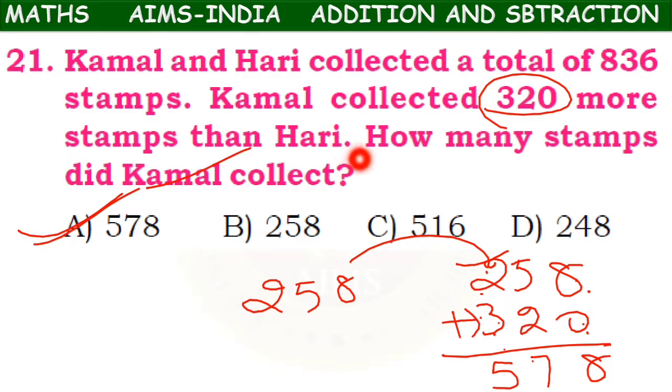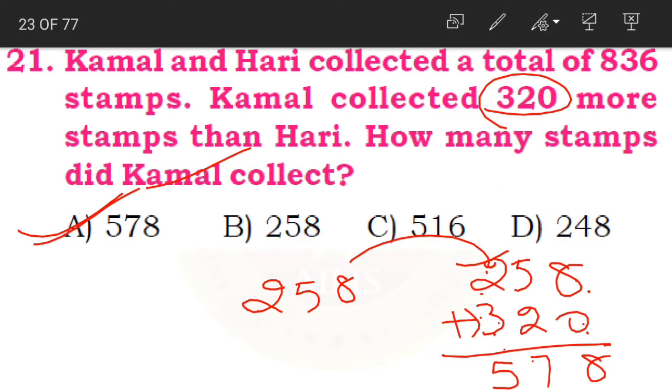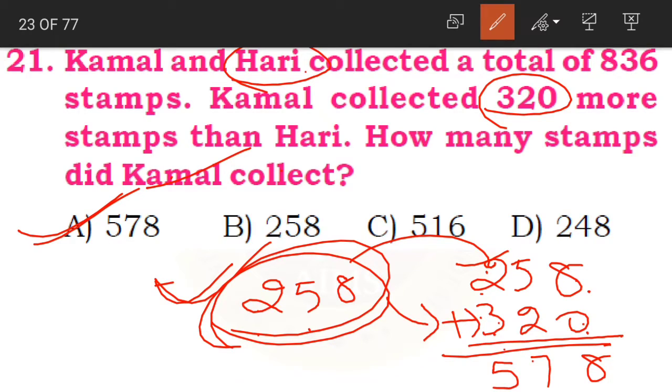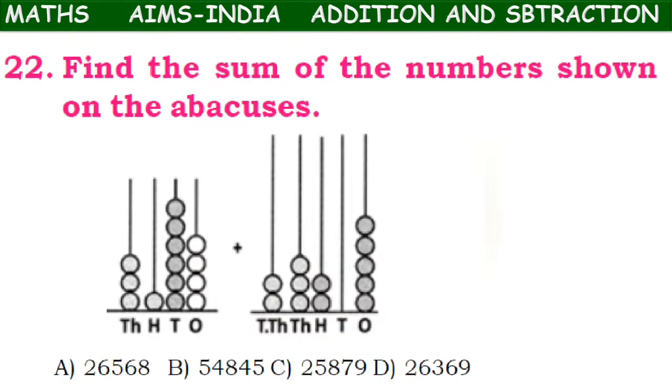Okay children, whenever such a question is asked, subtract the extra from the total and then divide the difference into 2. Here there are 2 people, so dividing it into 2 and adding the extra to it, we will get how many stamps Kamal collected. Now how many stamps did Hari collect? 258. Yes. Now when we add 320 extra to it, we will get the number of stamps collected by Kamal. I hope this was clear.